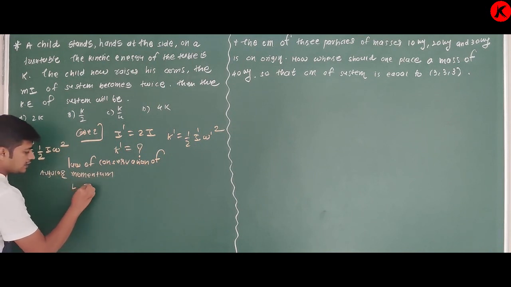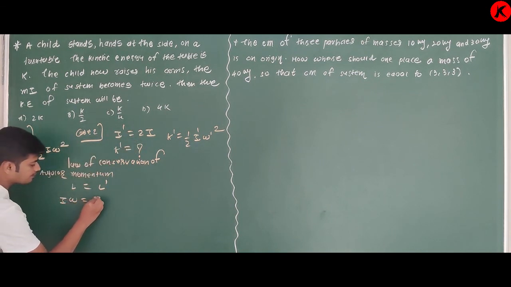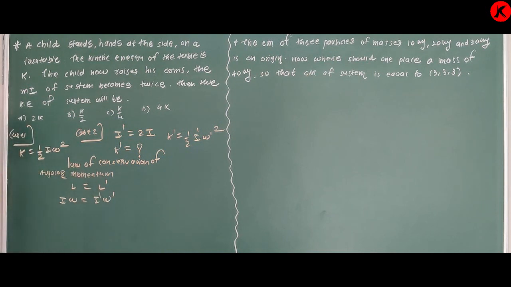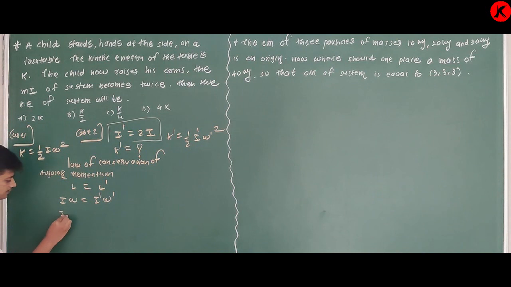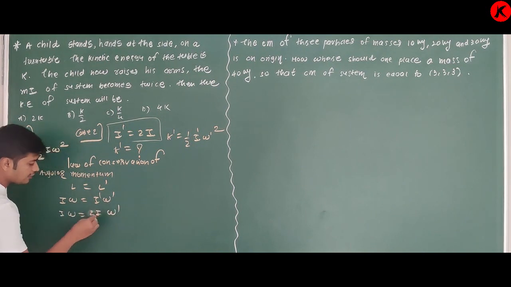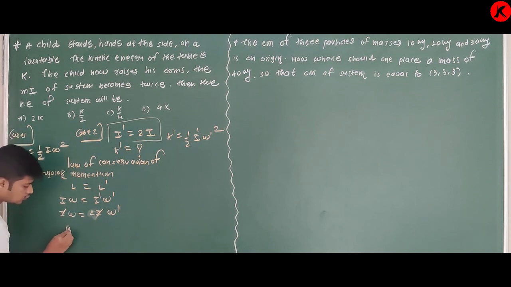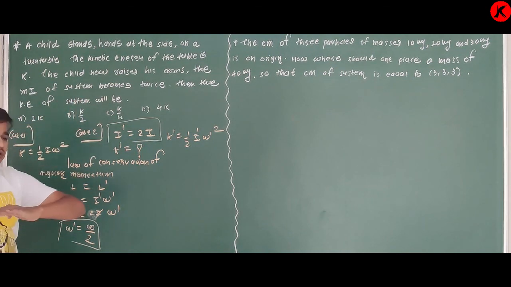That is L is equal to L dash: angular momentum in case 1 and angular momentum in case 2. L is equal to I omega, and it is I dash omega dash. You are given the relation I dash is equal to 2I, so it is 2I omega dash. I cancels, so omega dash is equal to omega by 2. This means if the moment of inertia becomes twice, the angular speed becomes half.